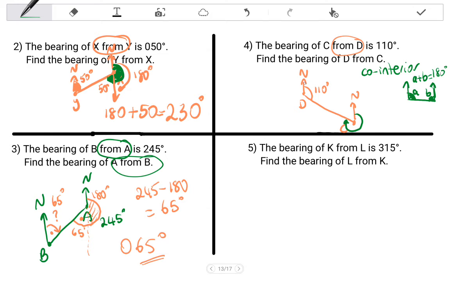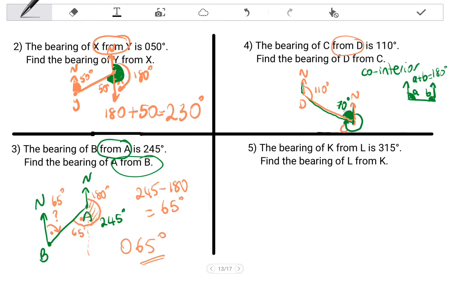As you see, these norths are parallel, and they form a U shape with the line DC together. So if this angle is 110, the other angle here is the co-interior of 110, and their sum must be 180. So that's why this is 70 degrees.